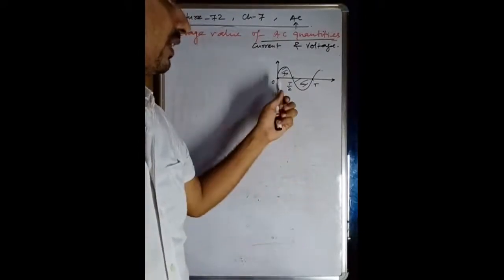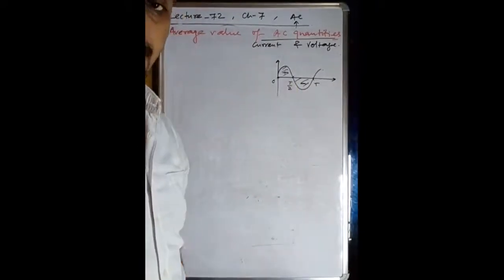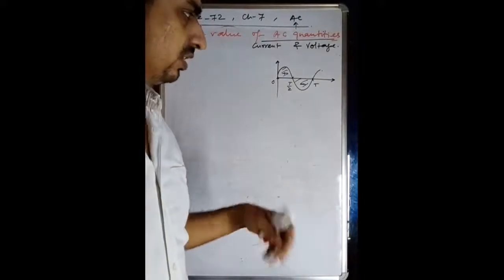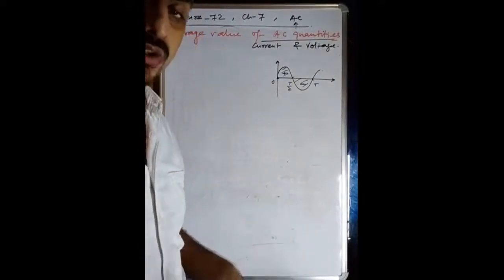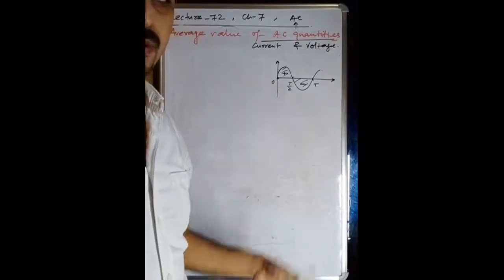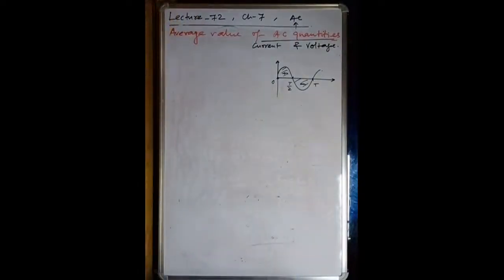That's why we are going to find here the average value in half cycle. If you learn how to find the average value in half cycle, then you will be able to calculate it in full cycle, and that will be 0. You can verify.